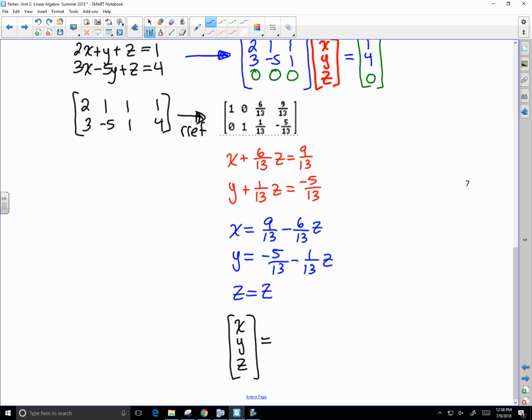All right, so we have 9/13, negative 5/13, and 0 for the particular component, plus some parameter t times negative 6/13, negative 1/13, 1.